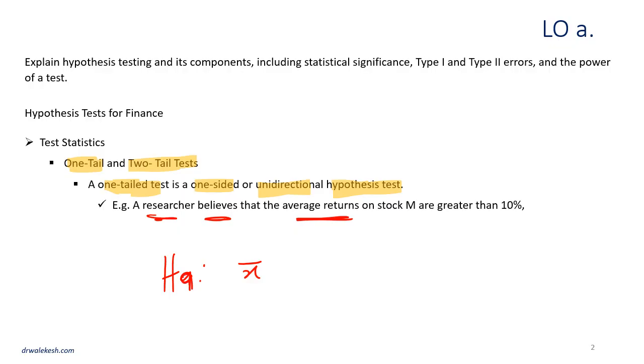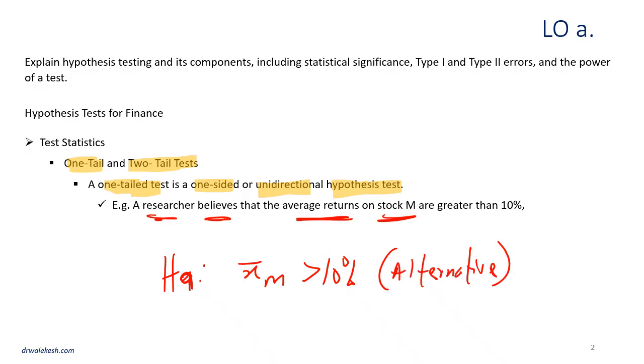The researcher's belief is always the alternative, that the average returns on stock M is greater than 10%. First thing first, just as a quick revision, since there is no equal to sign, even if you are not told, you know we are dealing with an alternative hypothesis. But we're interested in the fact that this statement is a one-tailed test.